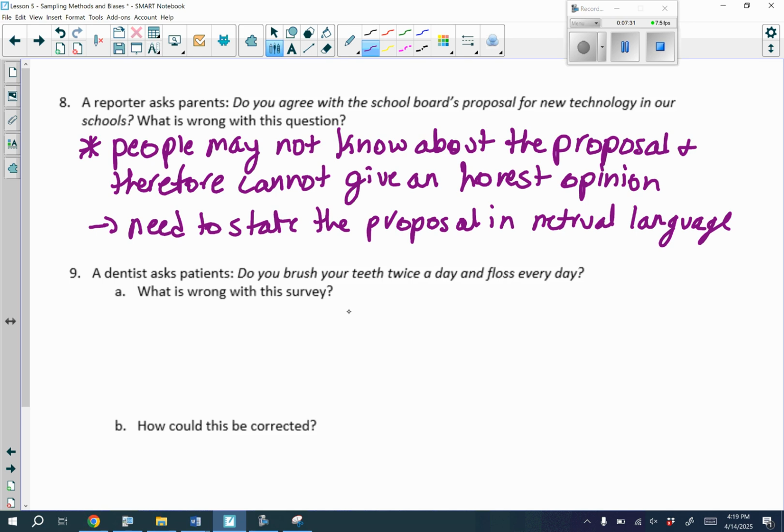One thing I did notice is there are two questions here, brushing twice a day and flossing every day. It could be where you do brush your teeth twice a day, but you don't floss every day. So it may be hard to answer this question with a yes or no because maybe part of it is true, but part of it is not.